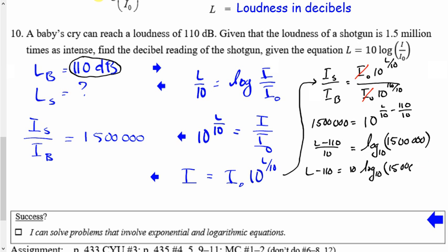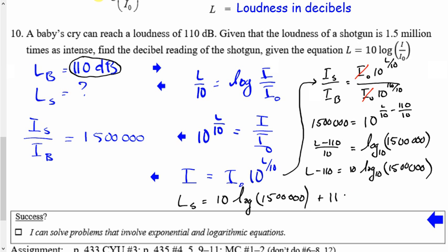And then I'll add that 110 over to the other side of the equation so that the loudness of my shotgun sound will equal 10 times the log base 10 of 1.5 million plus that 110 decibels.